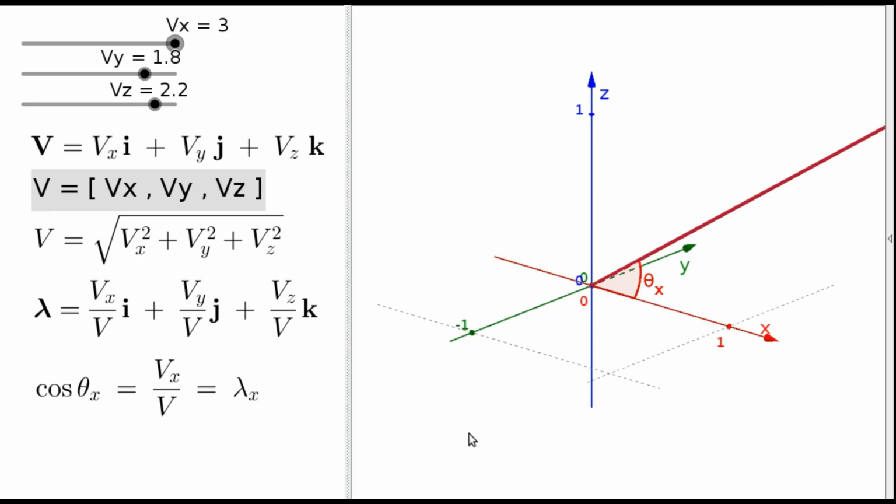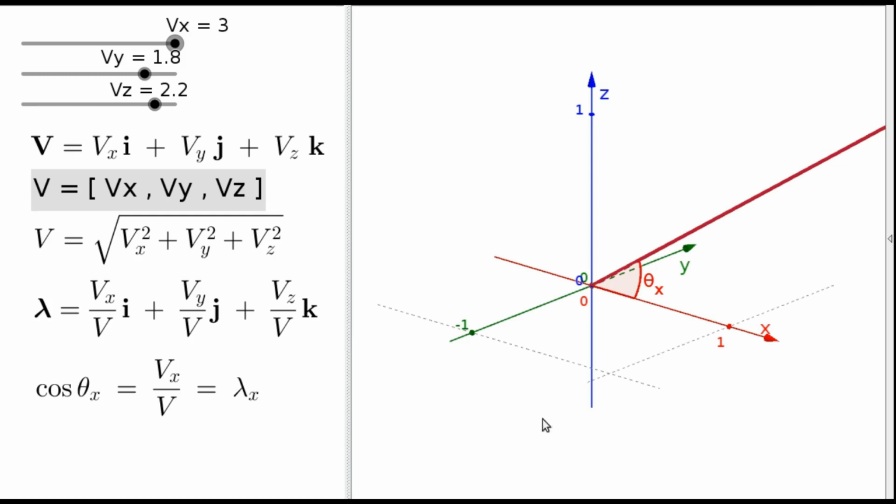Now, we can actually go in reverse, sort of. We know that cosine theta x equals lambda x, which turns out to be the angle between the x-axis and our vector.